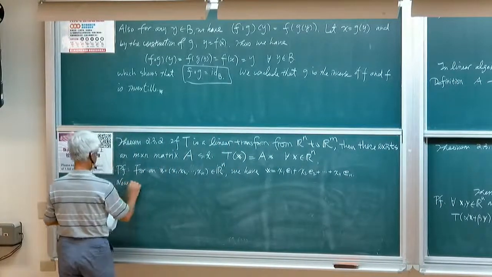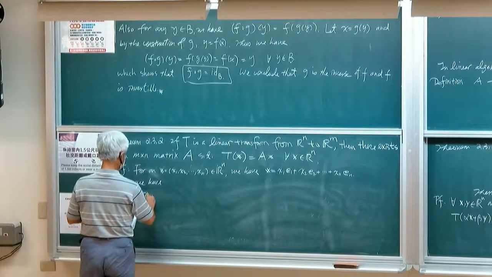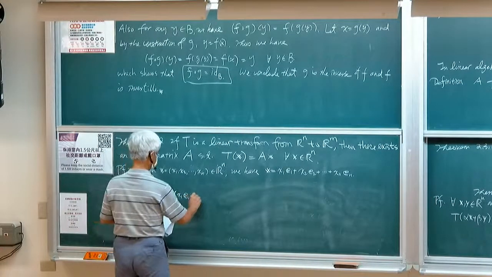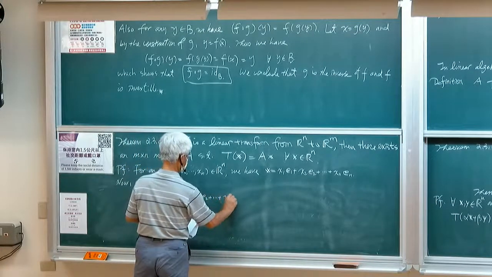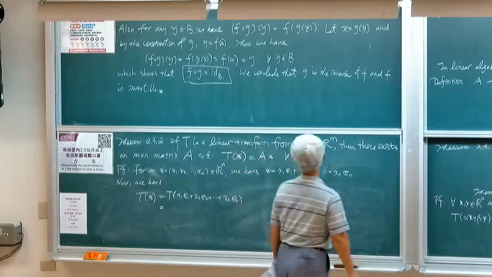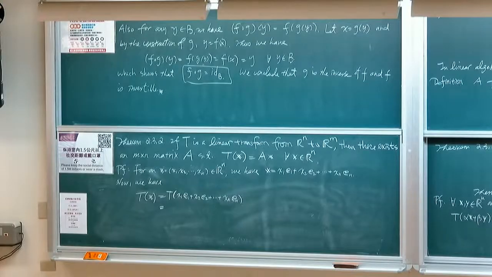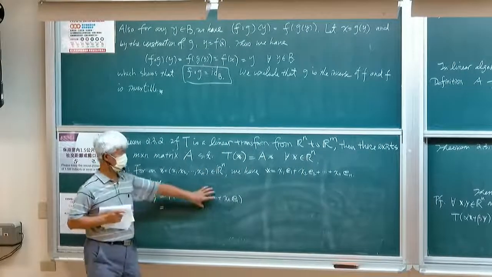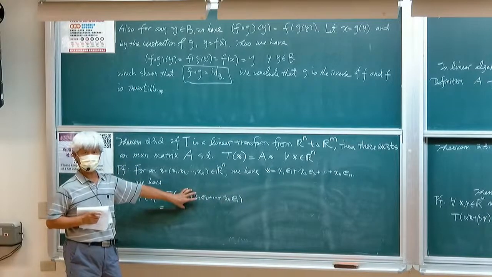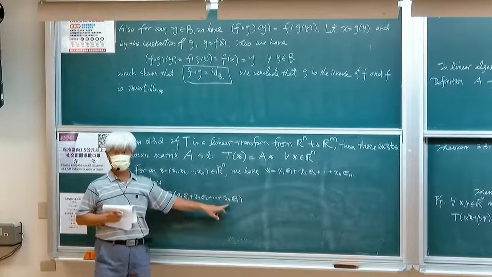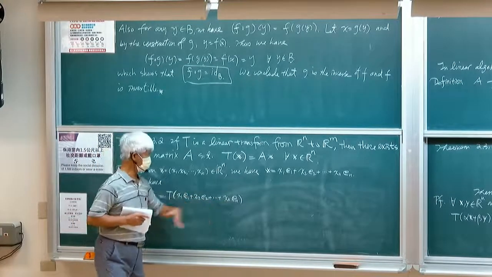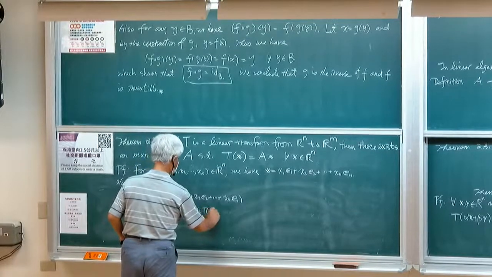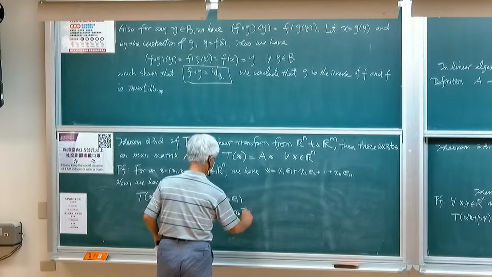Now when we look at the image of x by T, with the properties we just discussed, the image of this linear combination will preserve the format of this linear combination with the same coefficients.